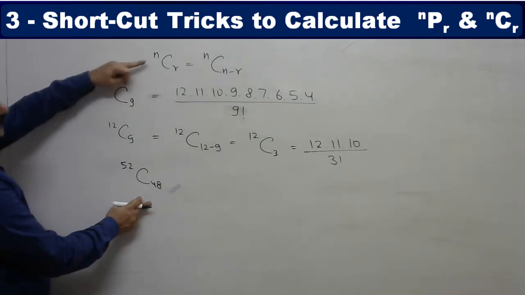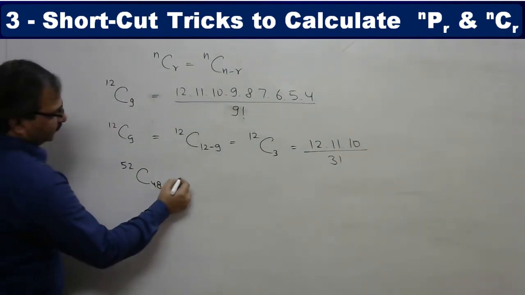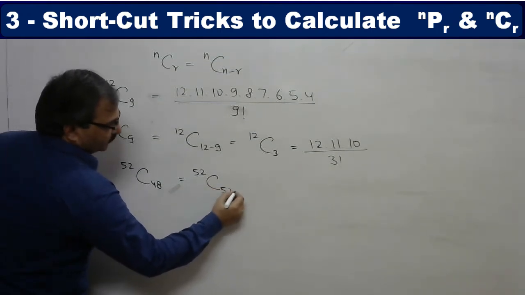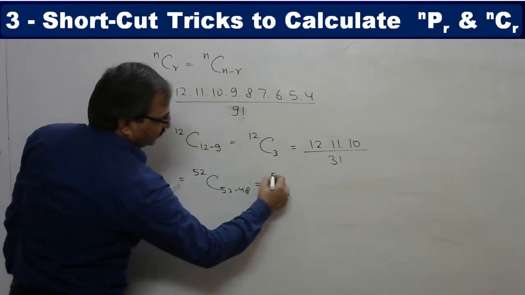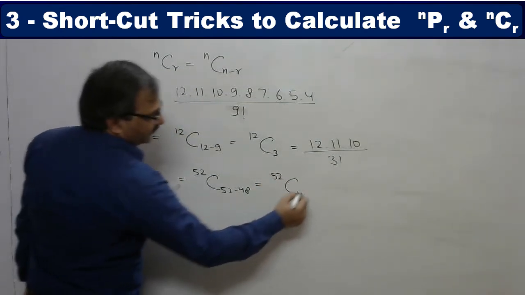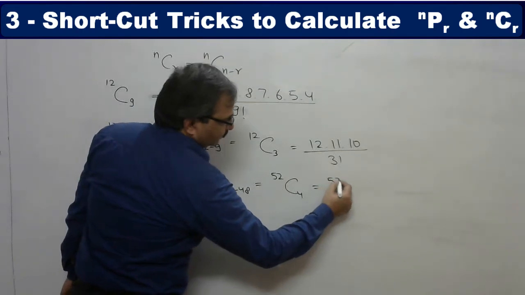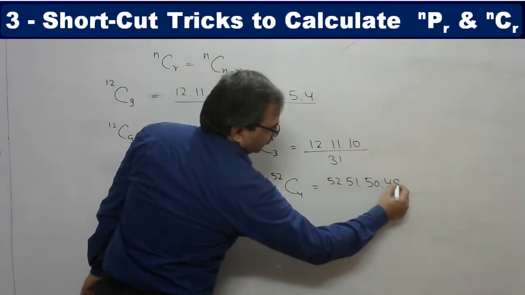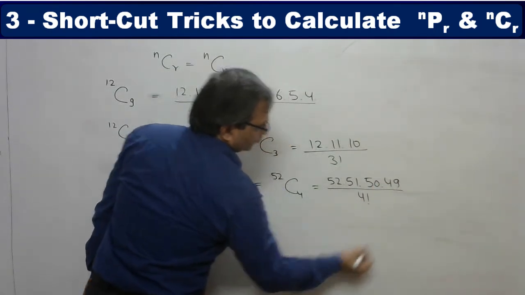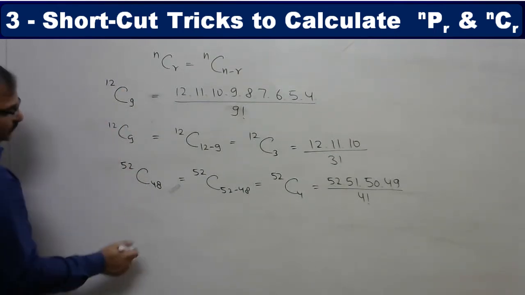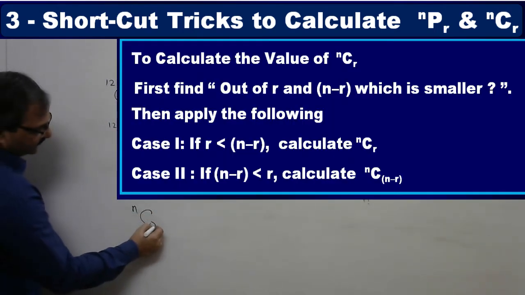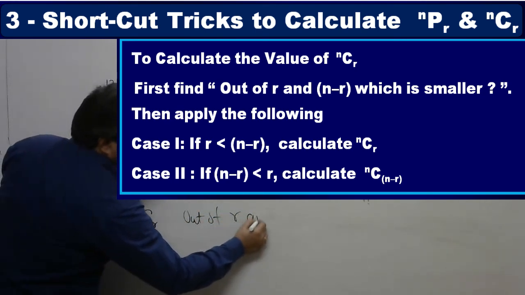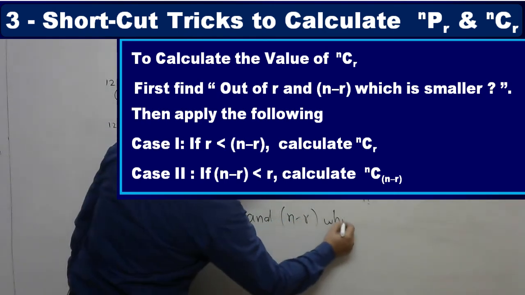So here again, this formula finds its use, and it can be written as 52C(52 minus 48), and that will be equal to 52C4. So according to the shortcut formula, it will be equal to 52 into 51 into 50 into 49 upon 4 factorial.